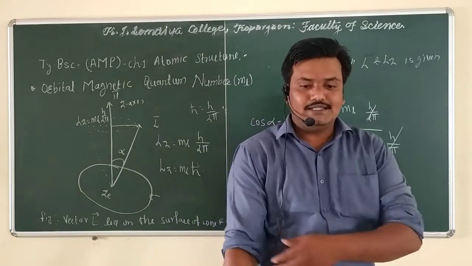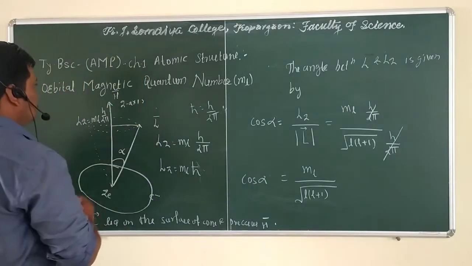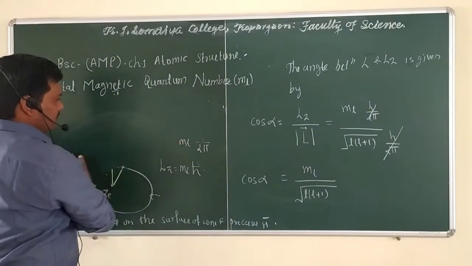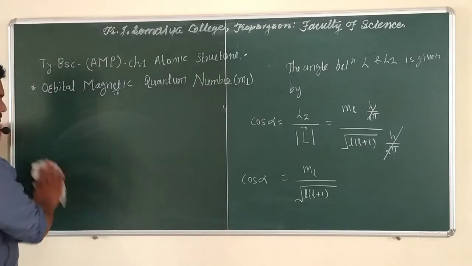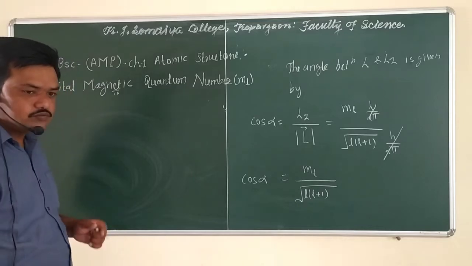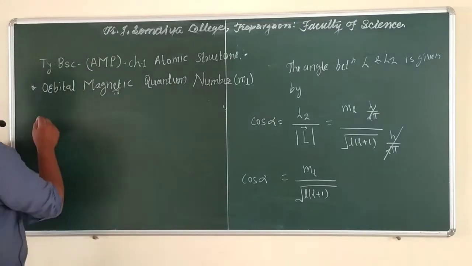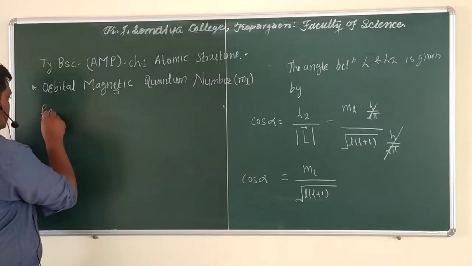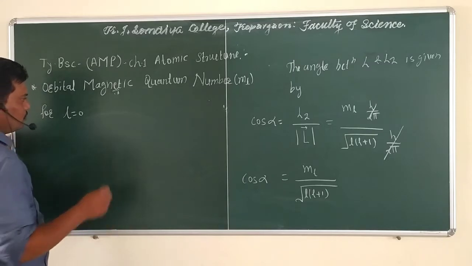L and Lz. So if we see, for example, the value of l taken as different, 0, 1, 2, 3, what is the value of ml and Lz? So the orbital quantum number l is equal to 0, then what is the value of ml?